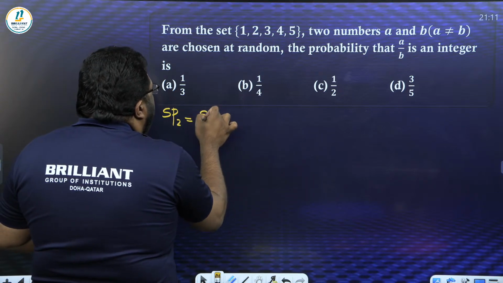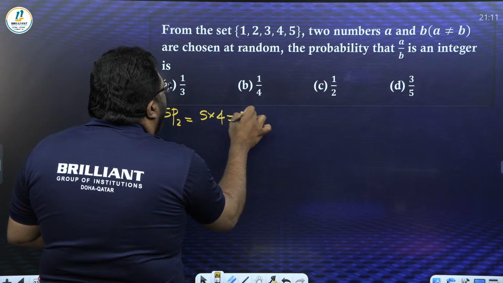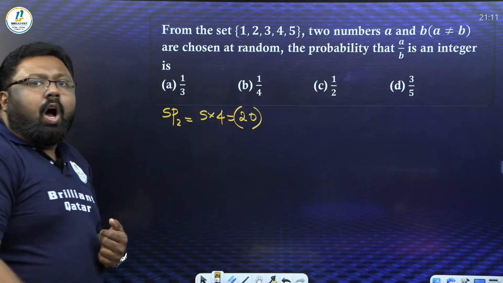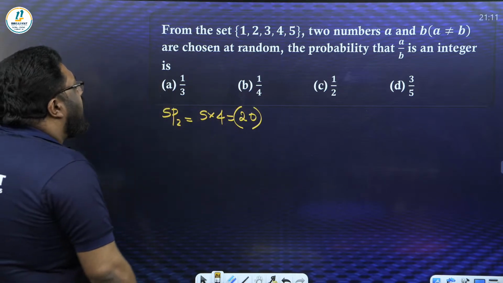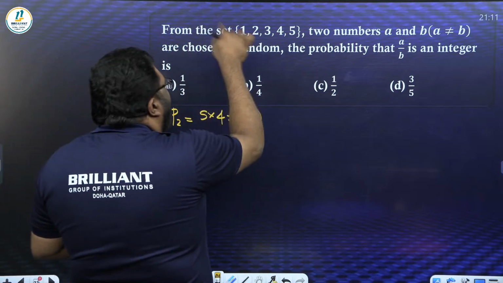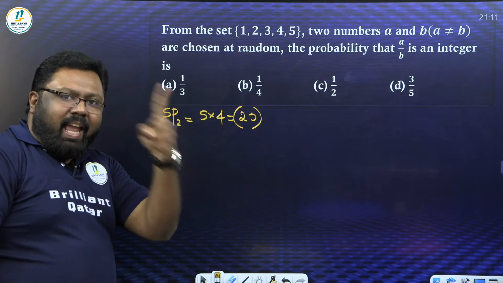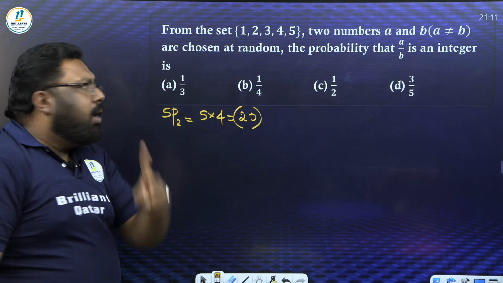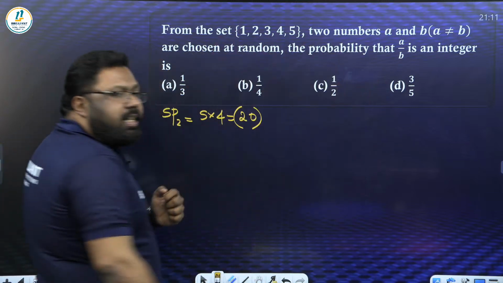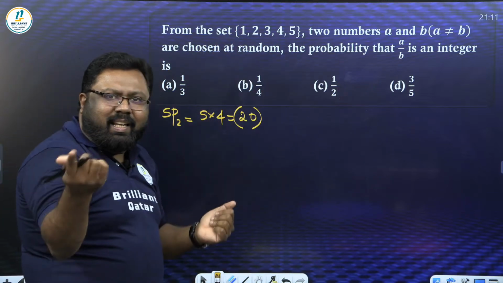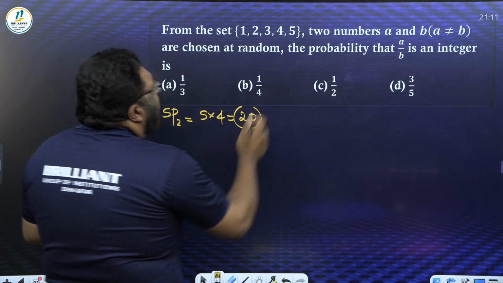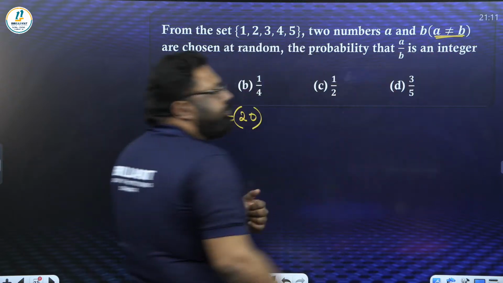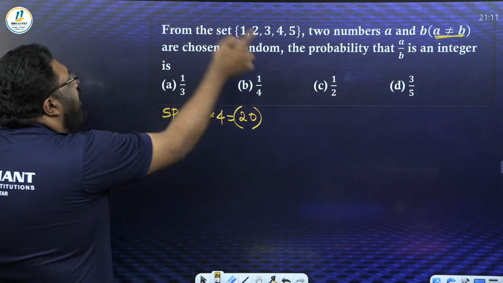So 5P2 means 5 into 4, which is equal to 20 different pairs of numbers, of which I must get A by B as an integer. I cannot get 1 first as A and then any other number, because A by B will not be an integer then. 1 by 1 is an integer, but it cannot repeat because A is not equal to B. So 1 will not form any pair.